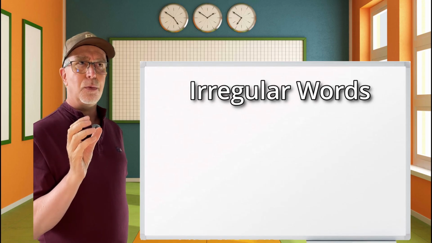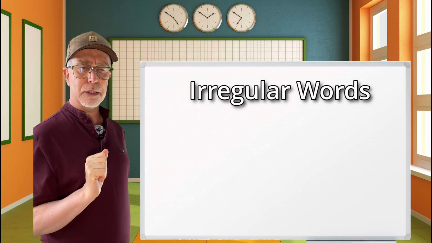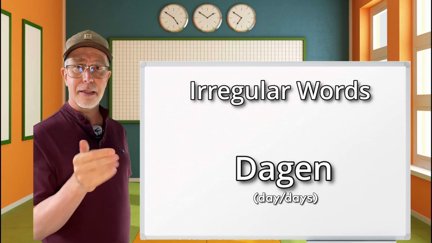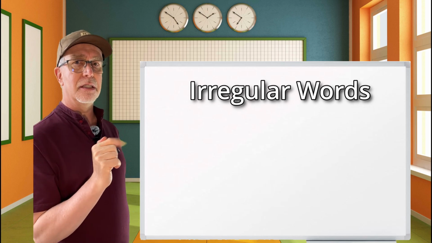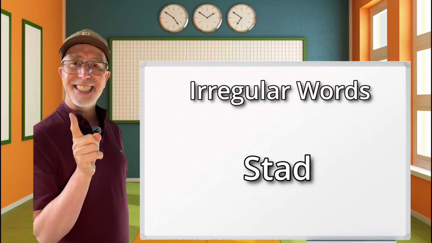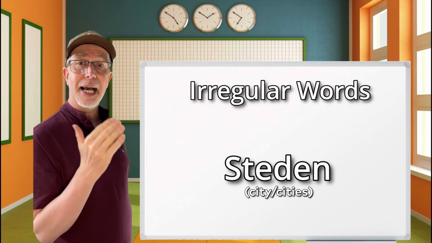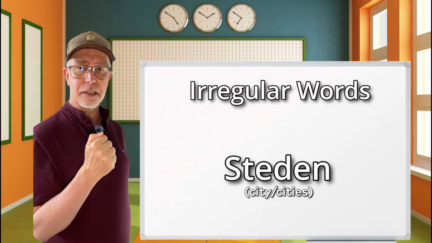Another group is where we change from a short sound to a long sound. Most famous ones: dag, dagen, day, days. Or how about this very irregular one? Stad, steden, city, cities. Exactly, short to long, and we change the vowel.